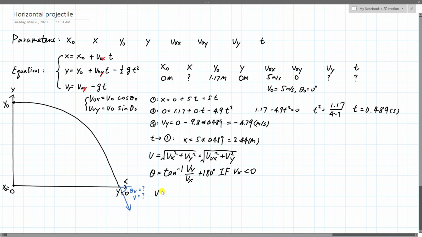We'll just stick them here as formulas, and we'll calculate with them on the next line. So this final v is equal to the square root of initial vx squared, because velocity x doesn't change. So that would be this 5 here. So 5 squared plus the final vy squared, which is this. I will stay away from squaring that negative sign, just in case I make a mistake.